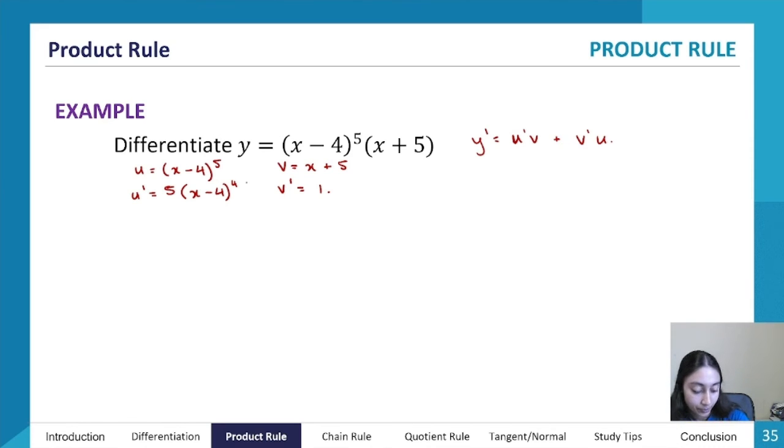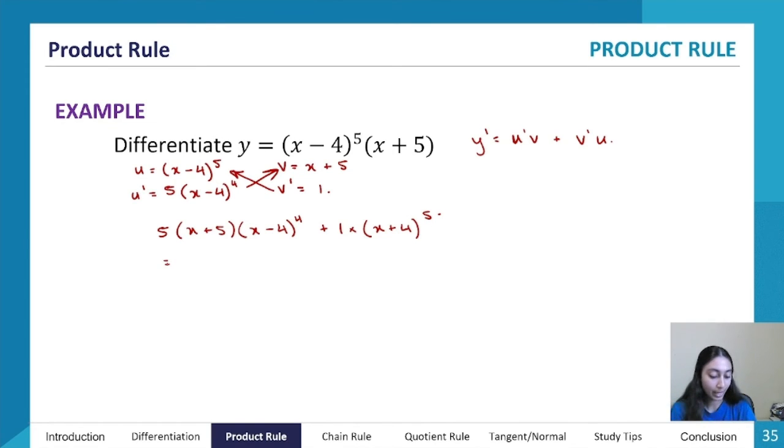Let's give this one a go. So it's going to start off with this cross. So it'll be 5 times x plus 5 times x minus 4 to the power of 4 plus this cross. So 1 times x minus 4 to the power of 5.